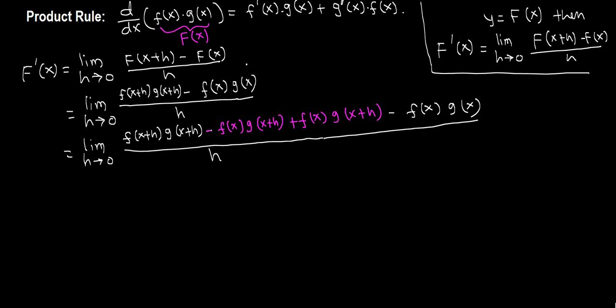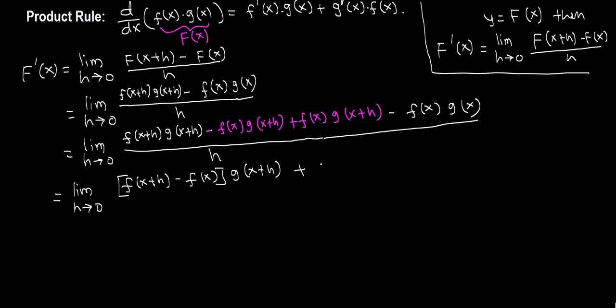Now I want to group these 4 terms in 2, first 2 and last 2, and from the first 2 terms on the top we can factor g of x plus h out. So this is f of x plus h minus f(x) once we factor g of x plus h out, g of x plus h, plus on these last 2 terms I want to factor f(x) out.